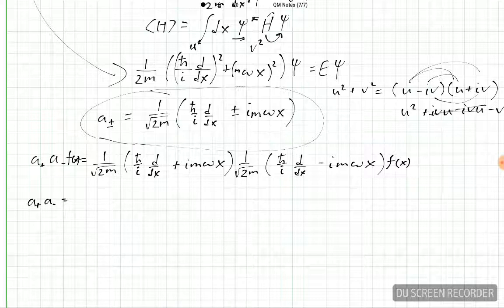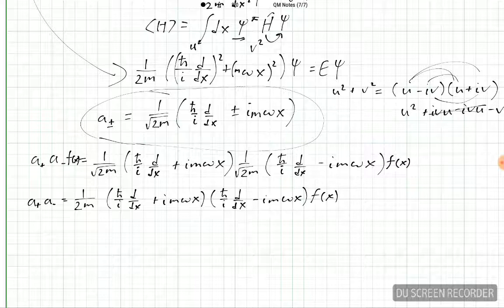Okay, so those two constants multiply together, I get 1 over 2m. And I have this guy, h bar over i d/dx plus i m omega x times h bar over i d/dx minus i m omega x, and then acting on this function f of x.